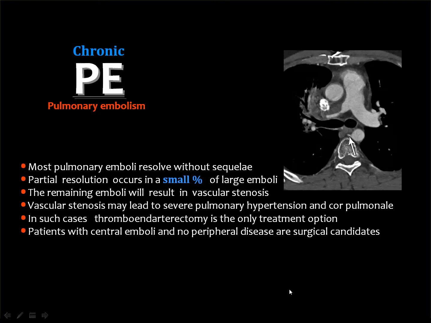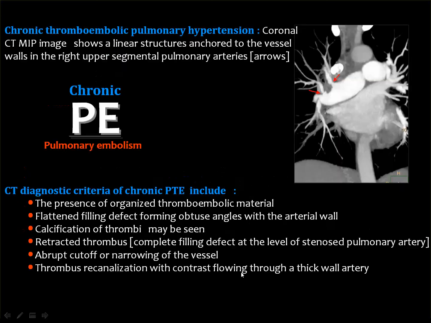Then chronic pulmonary emboli are usually eccentric, and the patent lumen is eccentric to the occluded lumen. This indicates that the embolus is of the chronic type.